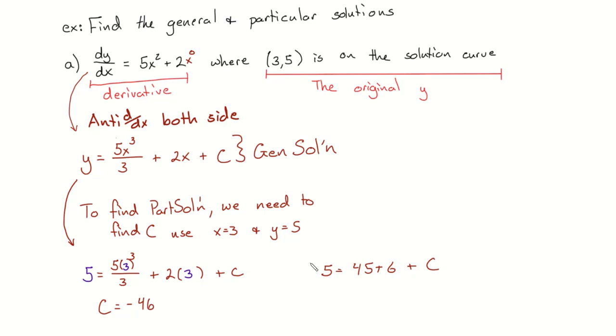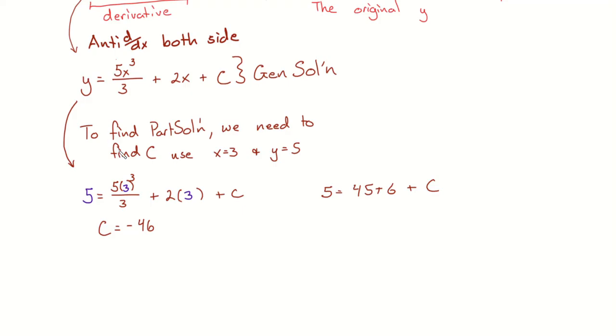So now what? We have c. Can I write the very specific function that we started with then? We're one step away. How do I now get my particular solution? I'm just going to plug in c, right? So here we go, and I'm going to make this one stand out. Our particular solution is going to be y is equal to 5x cubed over 3.